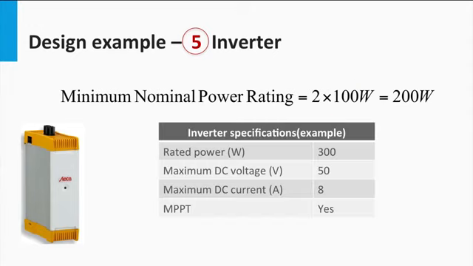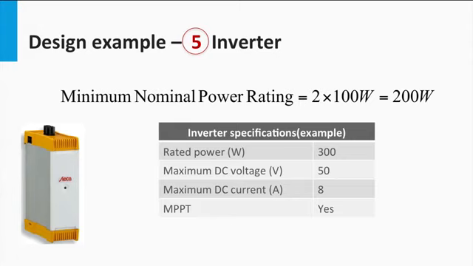Let us look at the operational parameters of an example inverter that fits the bill with respect to the required minimum power rating. Note that this inverter has a maximum power point tracking feature, thereby making the panels work at maximum power point.